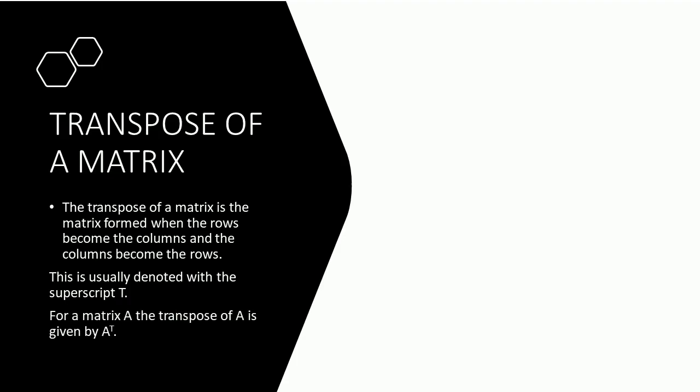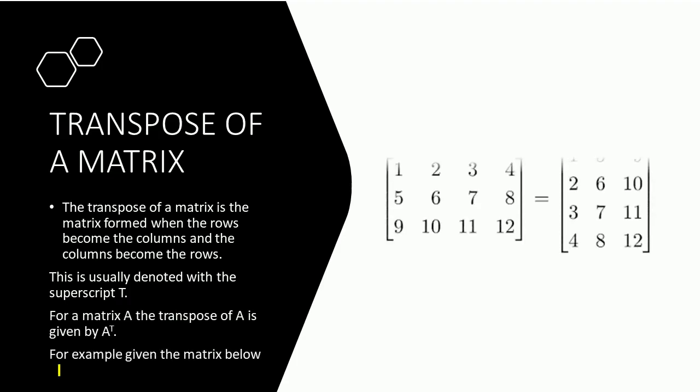For example, let's look at an example. You can see that here we have the matrix A, which is this, and it has 3 rows. 1, 2, 3, 4 is a row, 5, 6, 7, 8 is another row, 9, 10, 11, 12 is the last row.